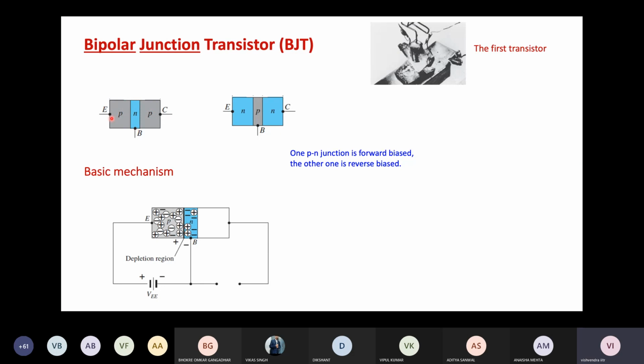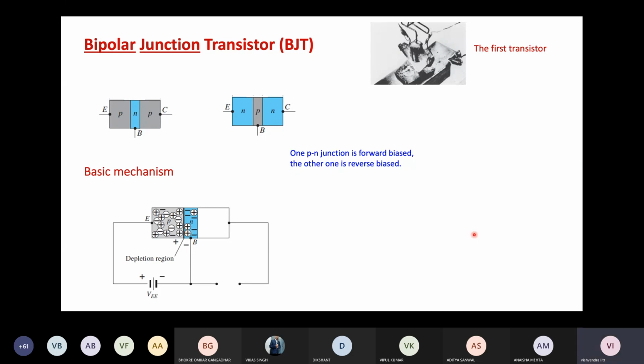If this first junction, the emitter base junction, is forward biased, then what would happen if we just consider this first junction? This is a simple PN junction and it is forward biased. It means that a positive voltage is applied on the emitter and a negative voltage on the base.